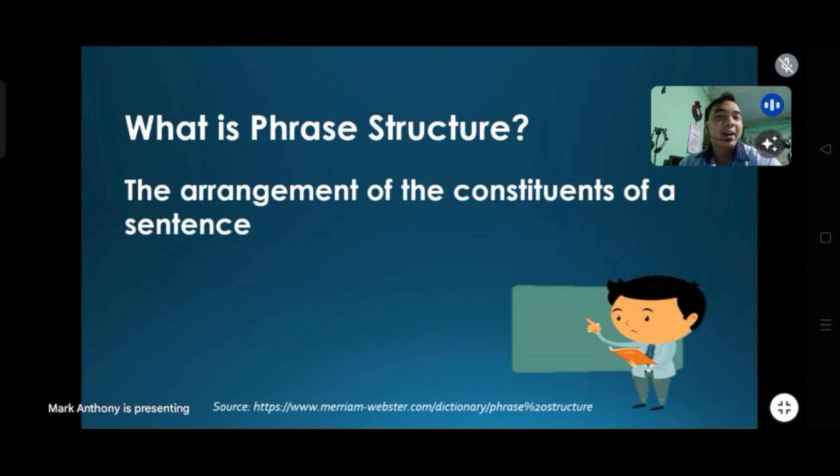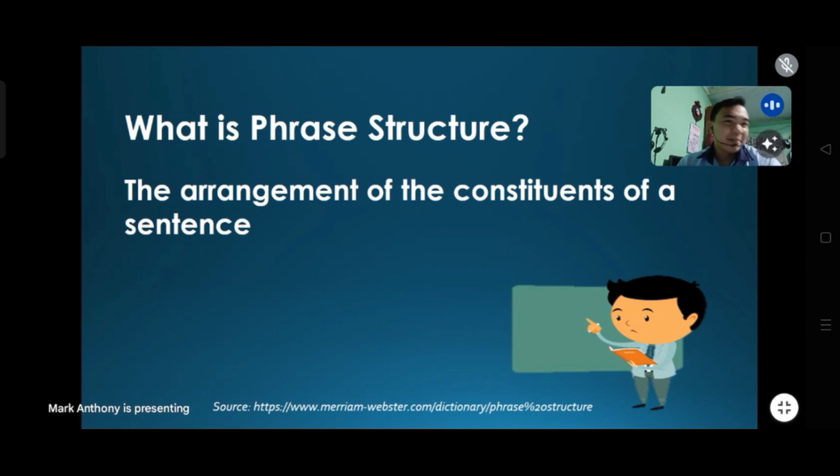According to Merriam-Webster, phrase structure is the arrangement of the constituents of a sentence. And for us to understand what is this so-called arrangement or order that I'm talking about, we'll be using a specific tree which will enable us to see the order of the words present in the sentence.